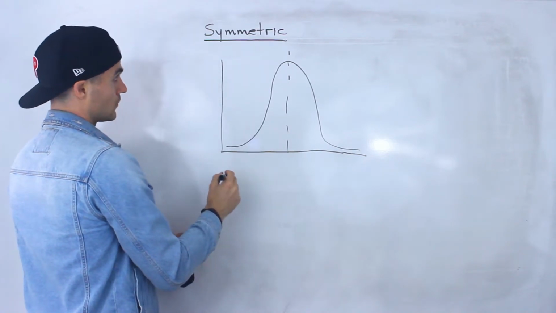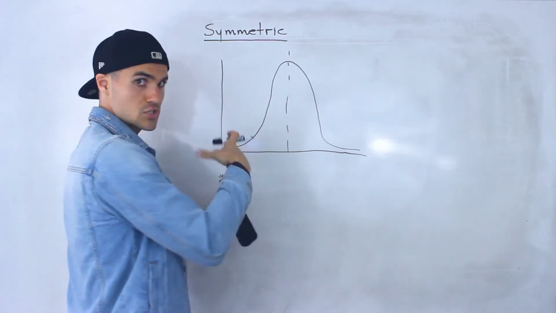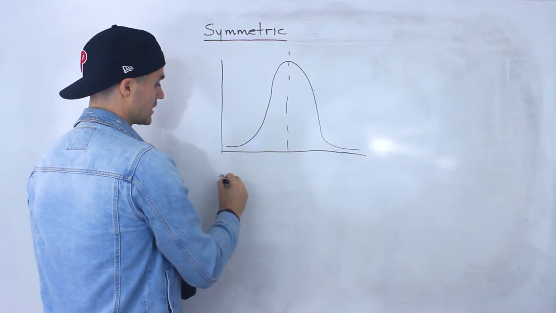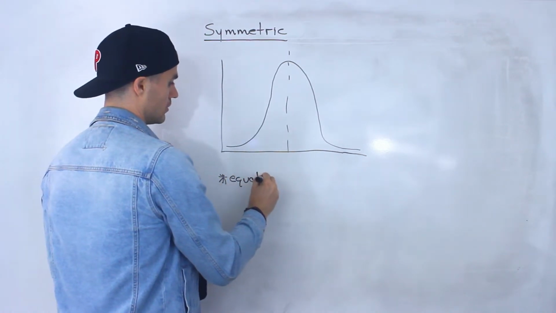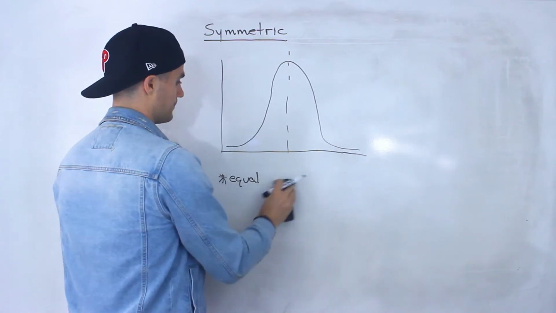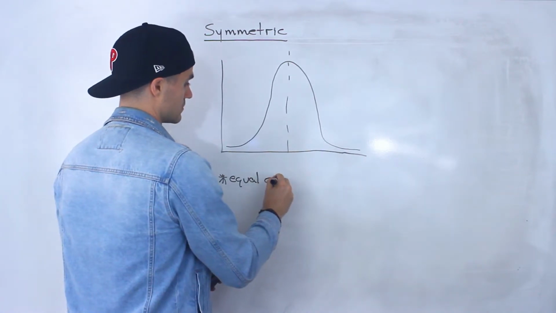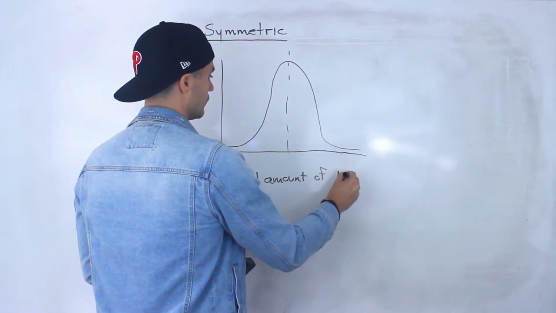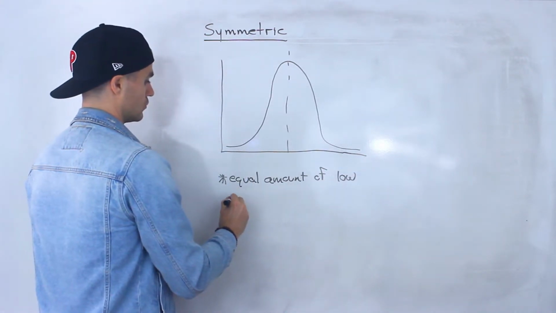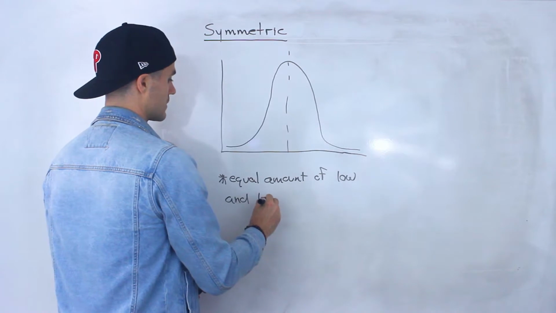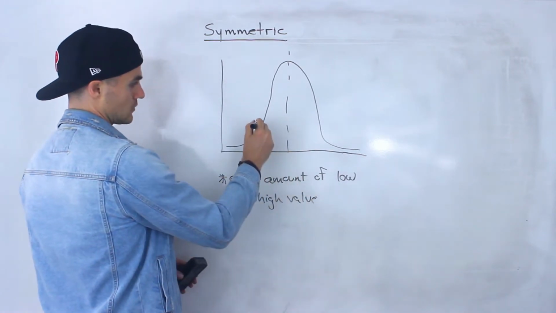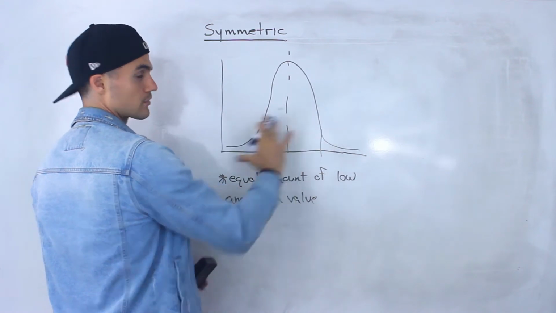And so if you describe a symmetric distribution in words, it's going to have an equal amount of low and high values. So an equal amount on both sides.